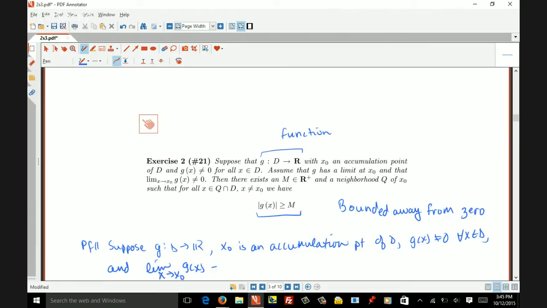What should we call the limit? What do you want to call it? L. I heard L first, sorry. So L, with L not equal to 0. Now we have to find the M. This last part, the then clause, is what we have to show. So we have to find the M and a neighborhood Q so that g of x is greater than or equal to M for all x in Q intersected with D.